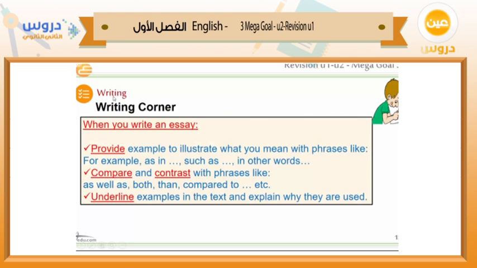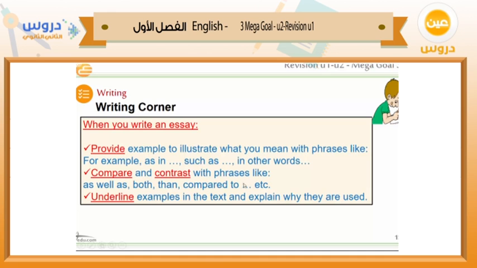Now, writing corner. When you write an essay, provide examples to illustrate what you mean with phrases like for example, as in, such as, in other words. These are phrases to provide examples.